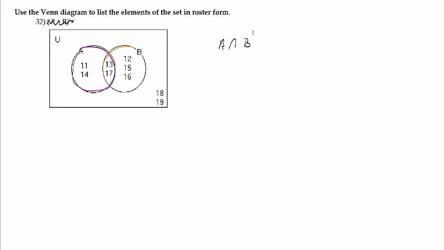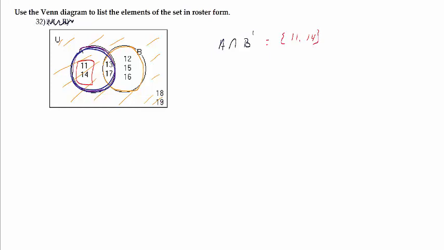Here's B, so what's not in B is all this stuff out here. Which elements are in A and not in B? Just these two. So that's going to equal the set containing the elements 11 and 14 only.